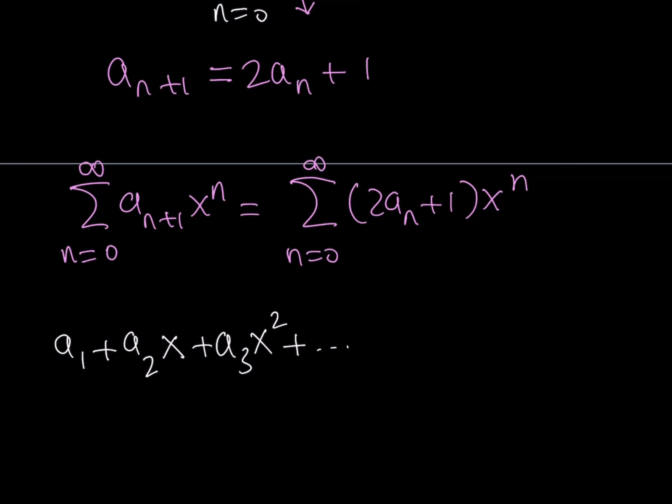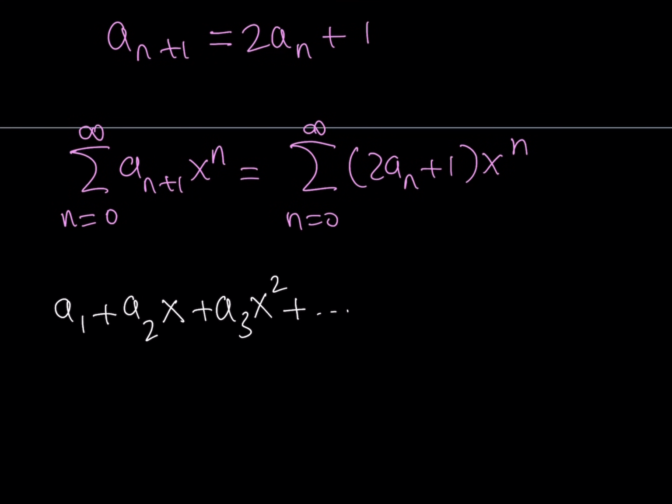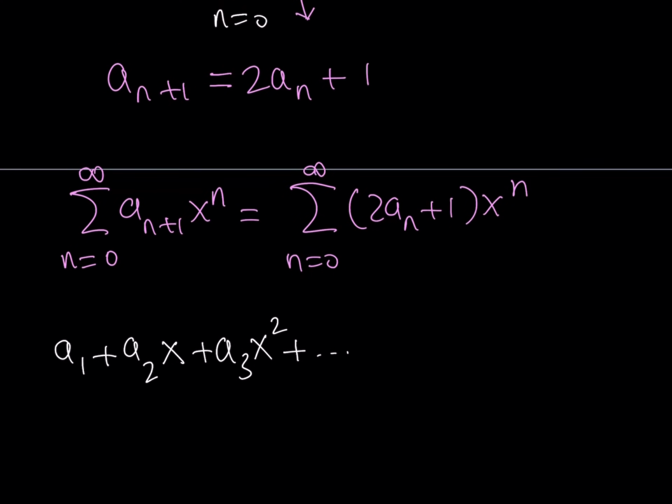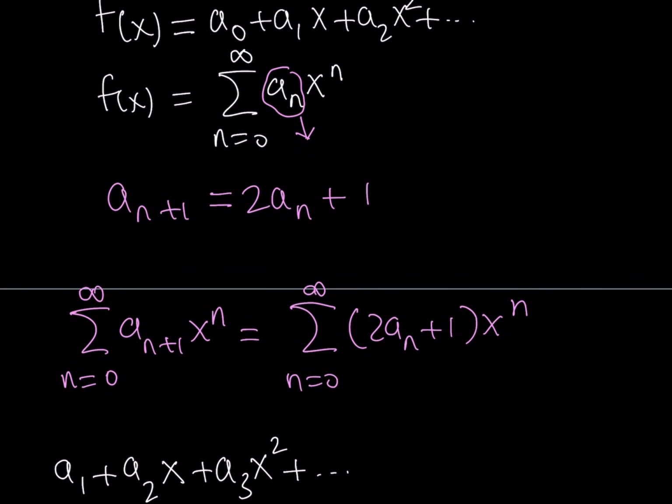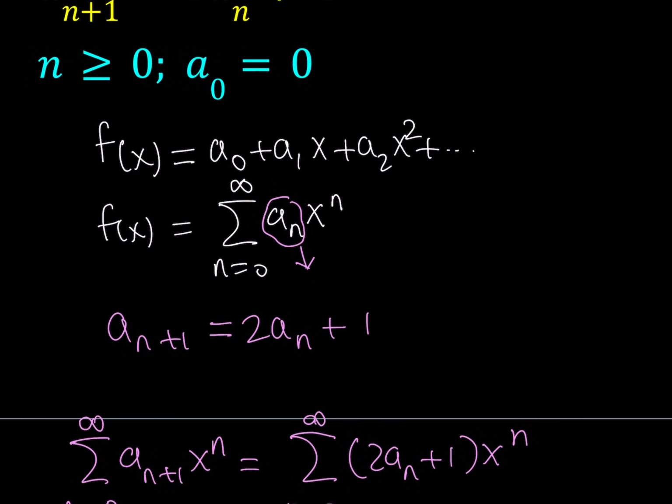Now I want to focus on the left-hand side on this sum first. If you compare it to our generating function, we can basically say the following. First of all, we have to pay attention to the fact that a sub 0 is 0, so our generating function can be written without a sub 0.